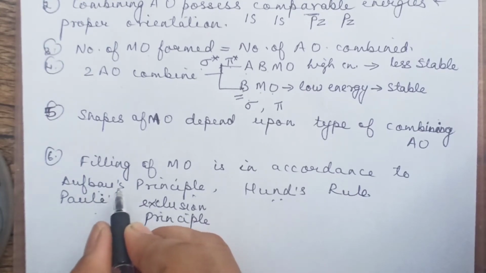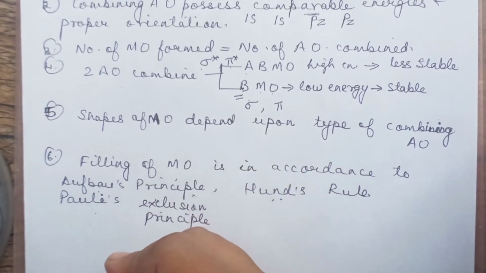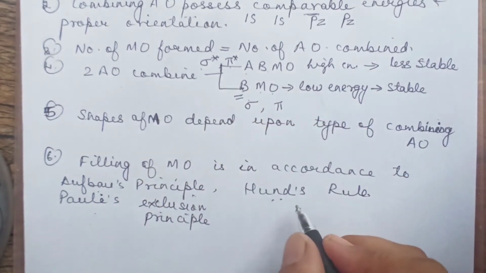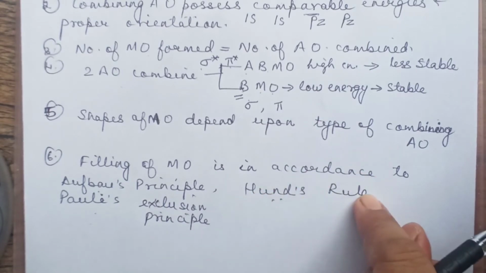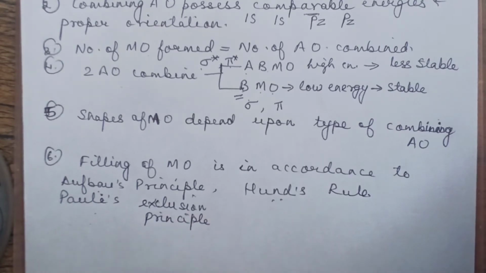Aufbau's rule means an orbital with less energy is filled first, building up. Hund's rule says if there are degenerate orbitals, then all the degenerate orbitals will get one electron first, and only then will pairing begin. And Pauli's exclusion principle says that no two electrons will have the same set of quantum numbers. So all rules will be followed in this.